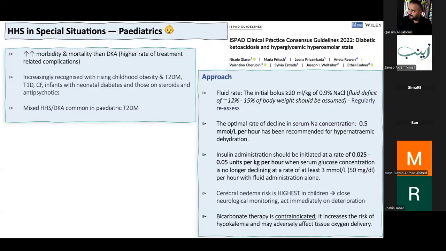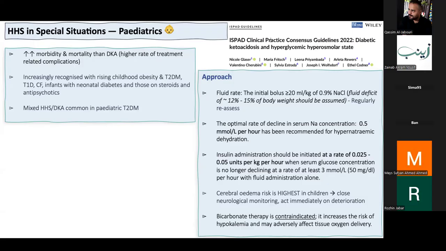Because they found that those patients who present with HHS tend to have 12 to 15% fluid deficit compared to non-DKA patients. So you give this higher bolus of fluids, and again, regularly reassess. There's a strong emphasis on reassessment while you are hydrating or managing such patients.